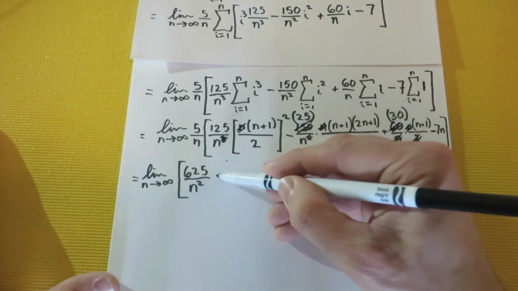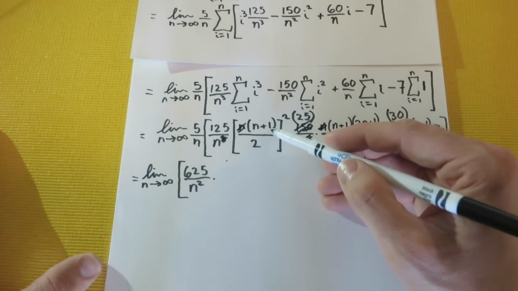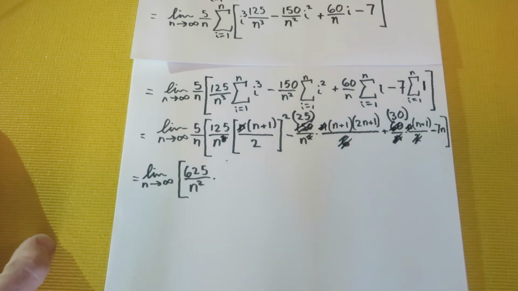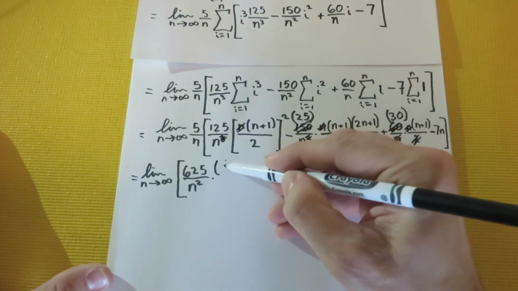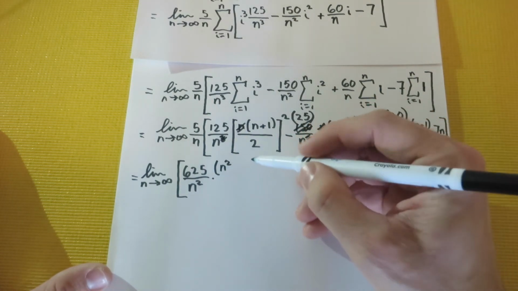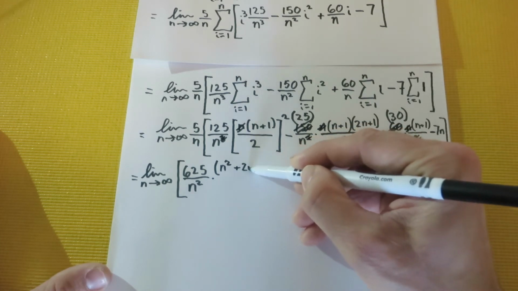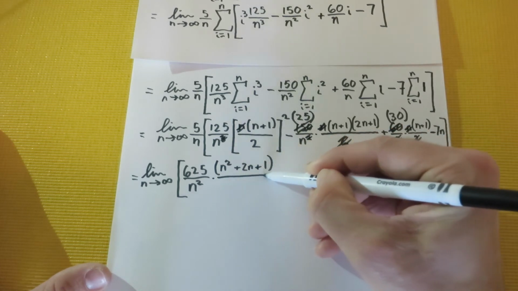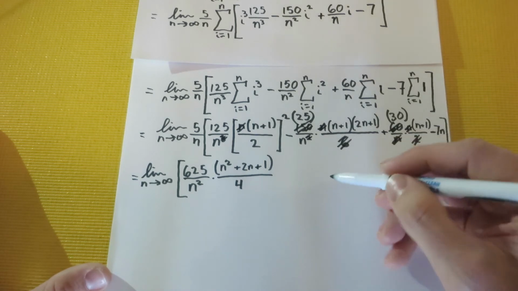Now I'm going to expand this n plus 1 over 2 squared and we will get n squared plus 2n plus 1, all of that over 4.